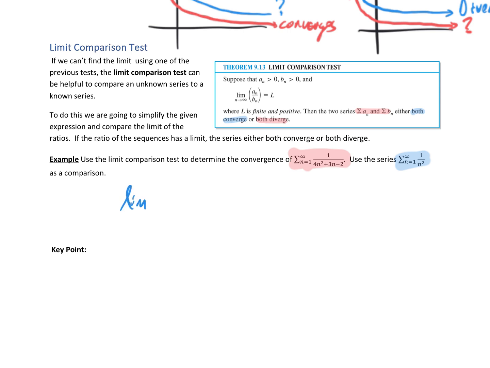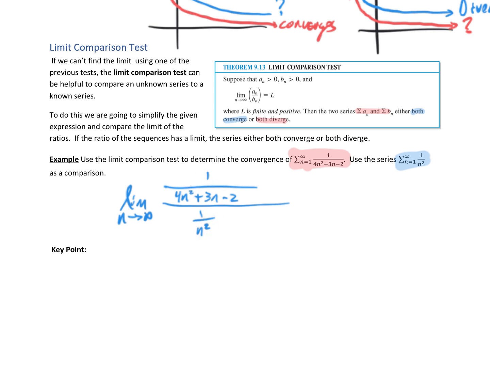We're going to find the limit as n goes to infinity of 1 over 4n squared plus 3n minus 2, all over 1 over n squared. Okay, so we've got these two series. They're kind of similar. This is like a much simplified version of this.